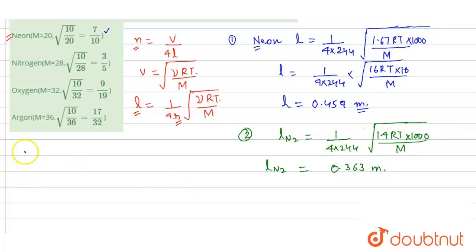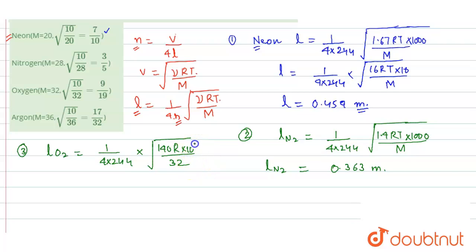Now let's try to find out for oxygen. So the minimum length for oxygen, with the same formula, we are going to use 4 into 244 into, now oxygen is also a diatomic gas, so we will have under root 140 RT into 10 divided by the molecular mass of oxygen, which is 32.